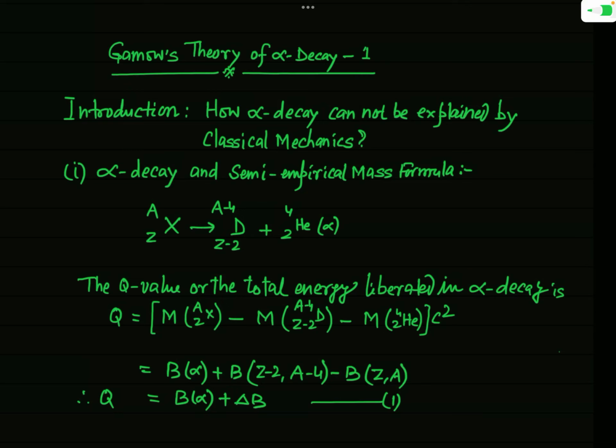Actually, you can explain this fact with the help of the semi-empirical mass formula. You have studied the semi-empirical mass formula previously, and on the basis of it, we can explain why alpha radioactivity is observed, but proton and deuteron radioactivity is not observed.